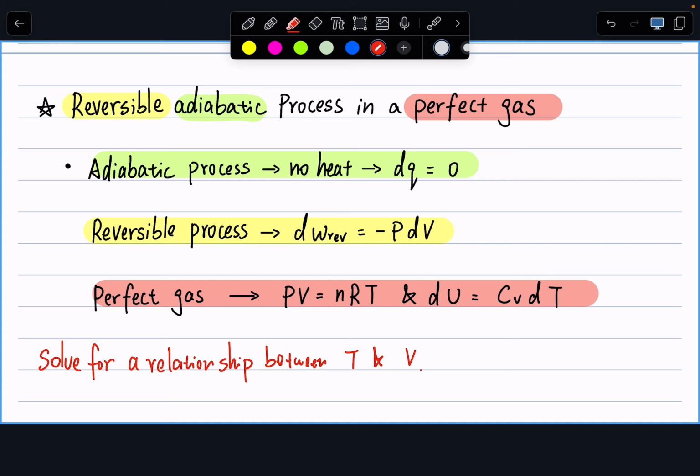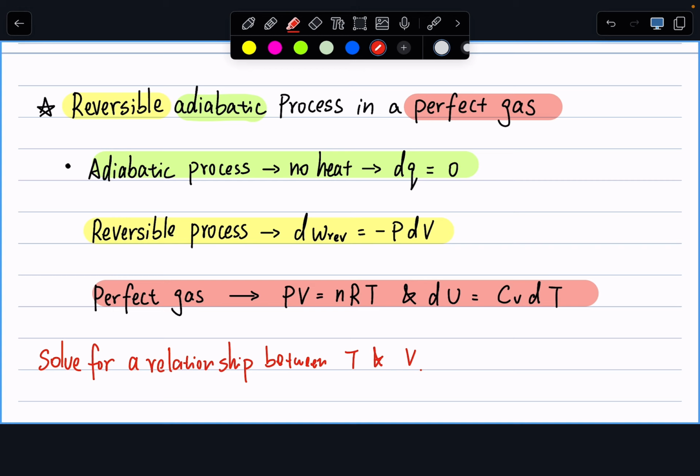All right, so I hope you can get this expression from just writing down the general form of the first law of thermodynamics. So dU equals dW plus dQ, that's the general form of the first law. And then we're just writing out each term and seeing what they are by using our conditions, right? So dQ equals 0 because in our condition, we say this is an adiabatic process.